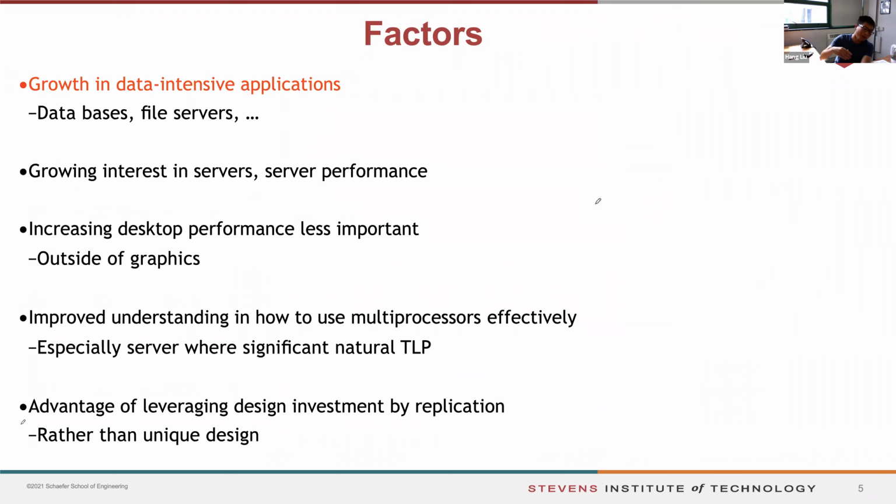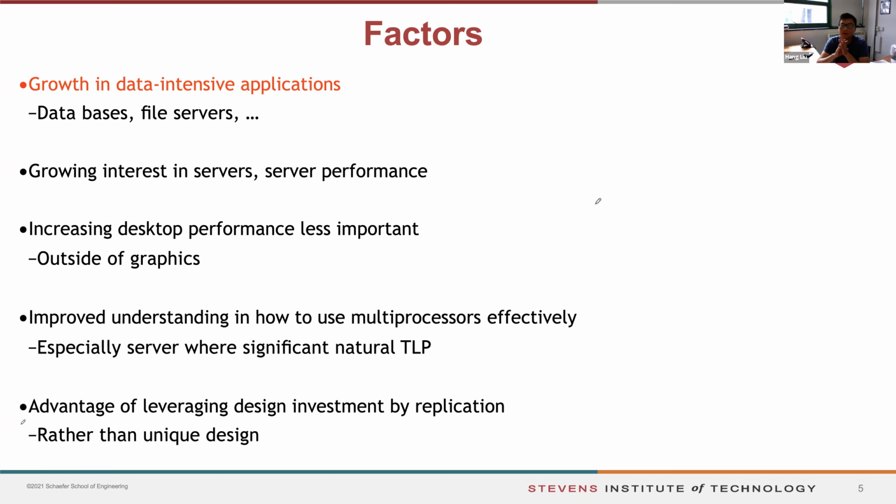Okay, so coming back from the hardware to the needs. Why do we do that? The reason is that we have a lot of data-intensive applications, and data-intensive by default implies that different data can probably be processed independently. We also have a growing interest in server performance. That's why we have data centers and cloud computing providers like Amazon, Microsoft Azure, Google Cloud, and other cloud providers.